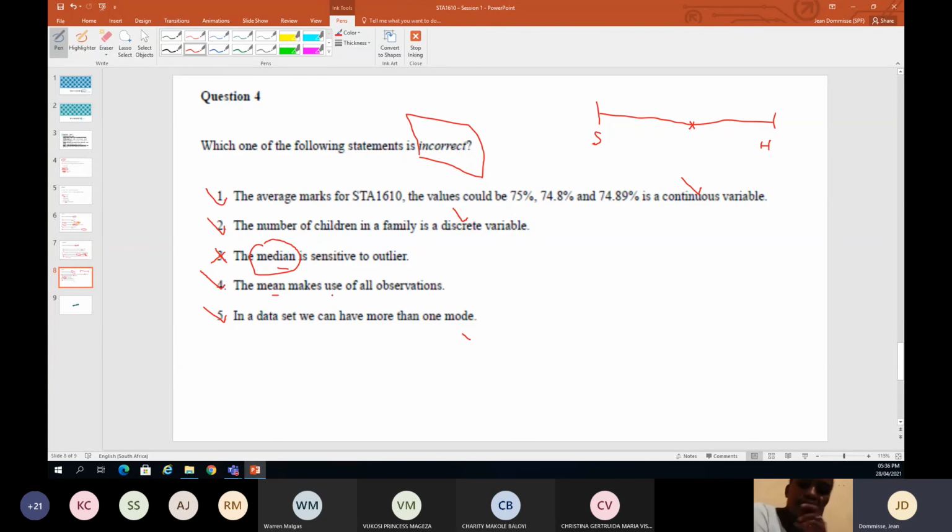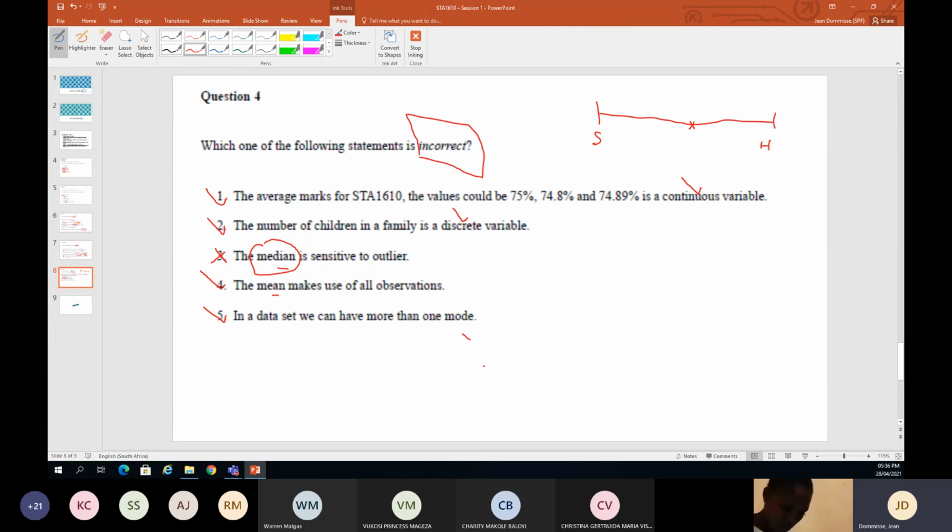The mean makes use of all observations. That is also correct, because your mean is the total of all your observations divided by the number of observations. And in a data set we can have more than one mode. That is also true.